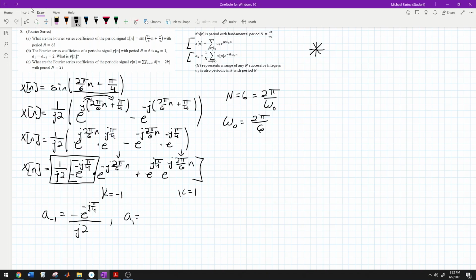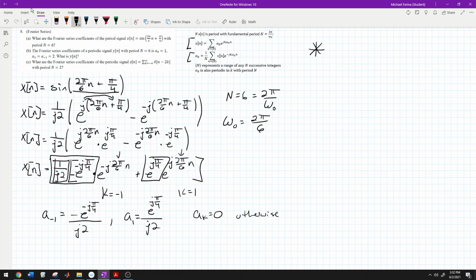A of 1 is going to be equal to this right here, multiplied by what's up front right here, and that's e to the j pi over 4 over j times 2. And ak equals 0 otherwise.